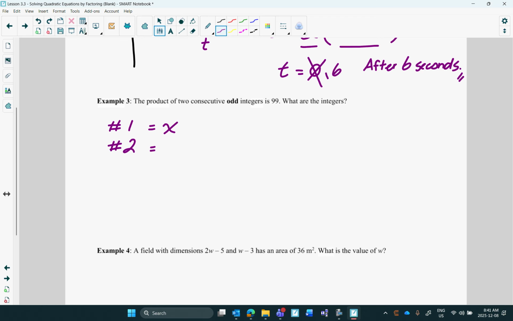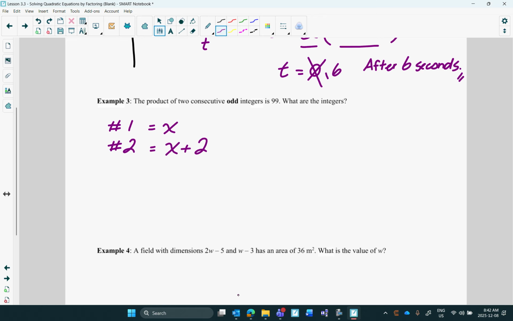We have to state it in terms of x. So like if I said, what's the next odd number after 7? 9. What's the next odd number after 23? 25. What do you keep doing to find the next odd number? Add 2. So that's an expression for the second odd number. If the first one's x, I find the second one by adding 2 to x.